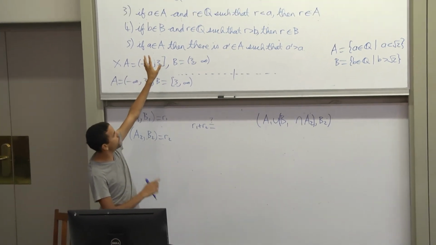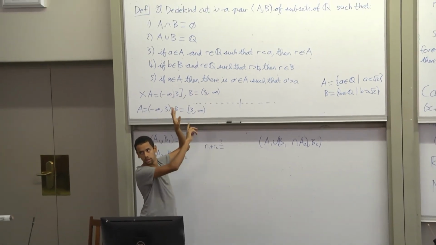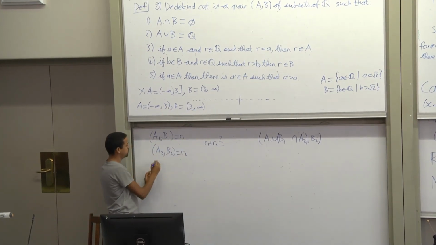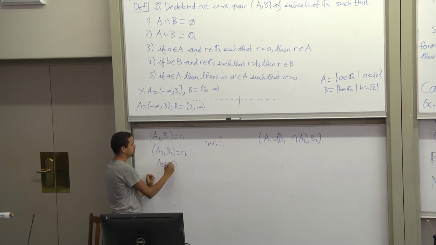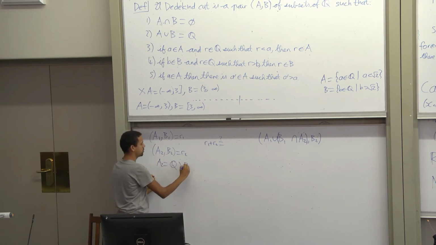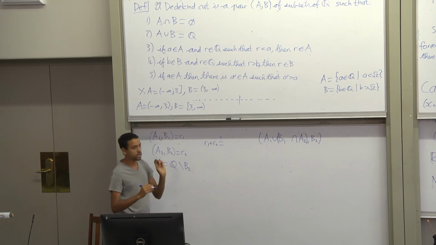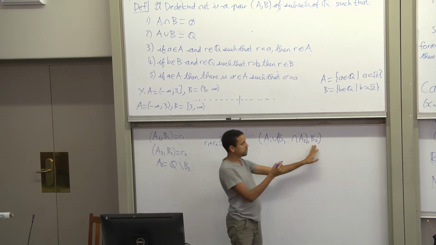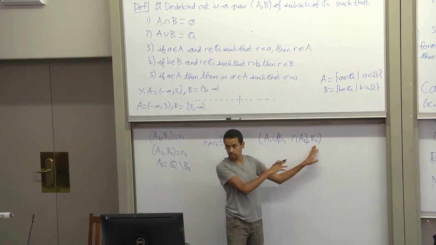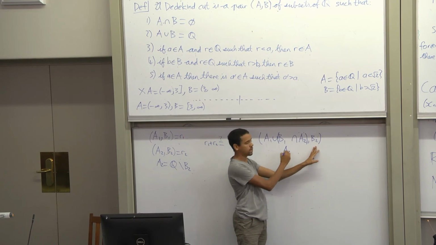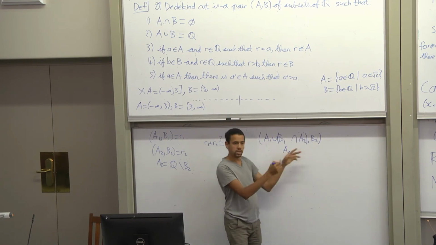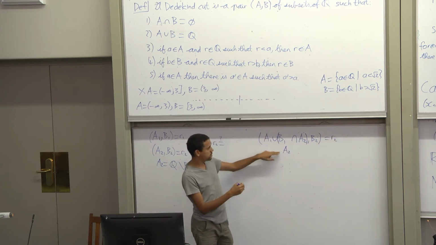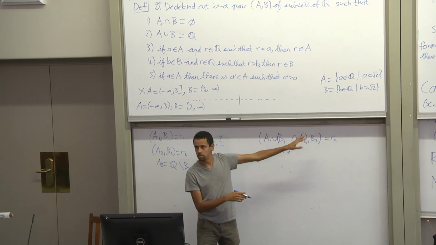Because if we only have A, I can define B to be everything that's not in A. So here, A2 is all the rational numbers except for everything that's in B2. Now over here, the second part of the Dedekind cut is B2, which means that whatever is here, if this is a valid Dedekind cut, this has to be A2. Which would then just be R2. I don't think this is A2, but if it is, it would just be R2.